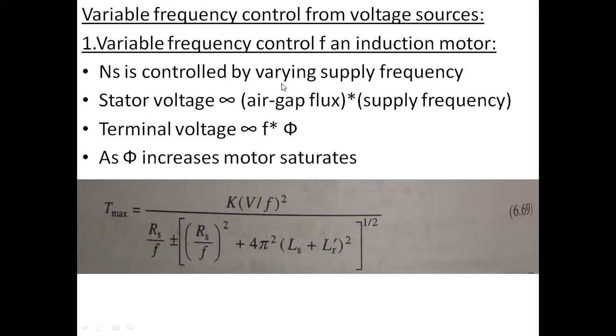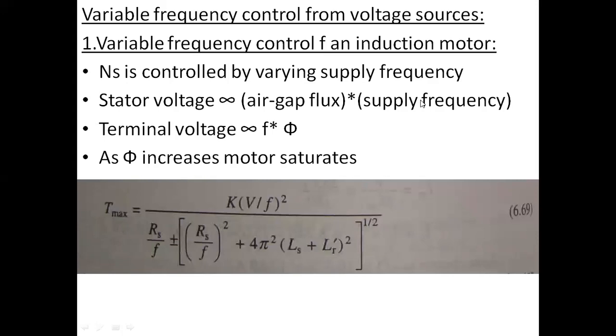So as the magnetizing current increases due to the air gap flux, there will be distortion in the line current and voltage. When there is distortion in the voltage and current, there will be an increase in core losses and stator copper losses, and they produce high pitch acoustic noise.